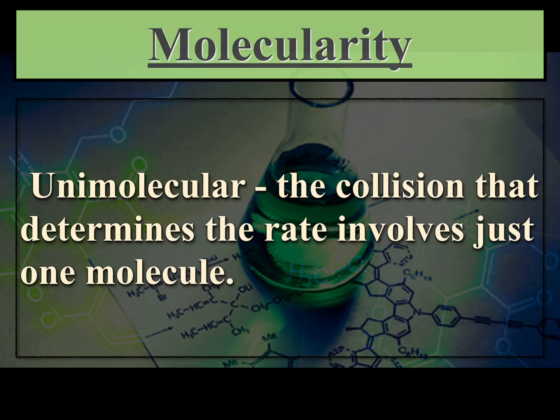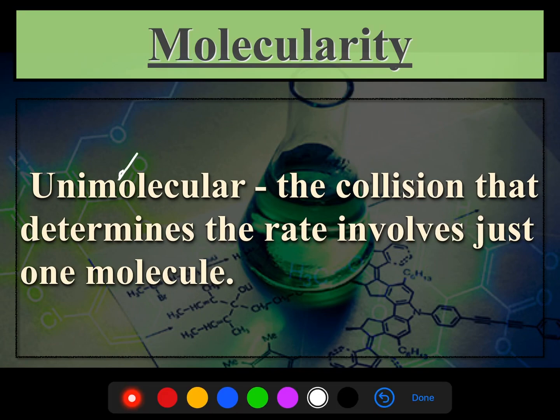We can bombard it with other particles, and it's not going to change the speed of the reaction, because it's that one molecule that we're waiting for something to happen to, maybe a bond rearrangement, a change of shape, before the reaction can proceed. So unimolecular reactions tend to rely on what's happening to one molecule.